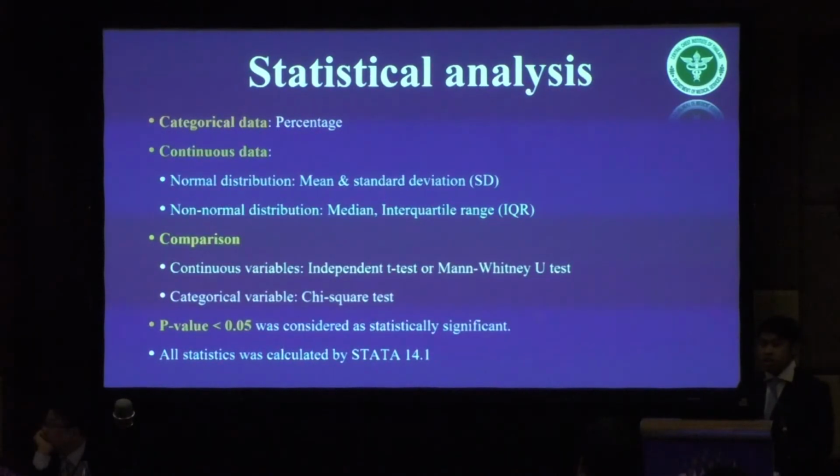Our statistical analysis includes percentages for categorical data, and for continuous data we use mean and standard deviation for normal distribution, and median and interquartile range for non-normal distribution. Then we compare with the independent t-test, Mann-Whitney U test, or chi-square test. If the p-value is less than 0.05, we consider it significant.